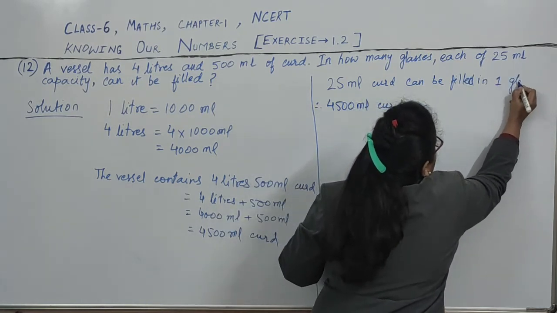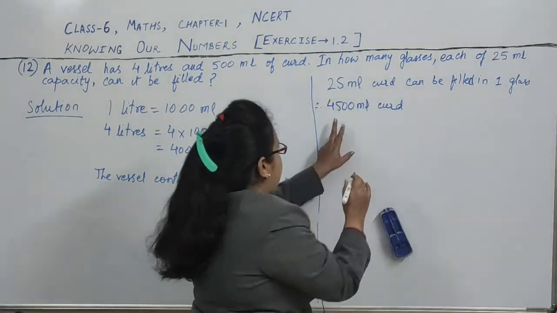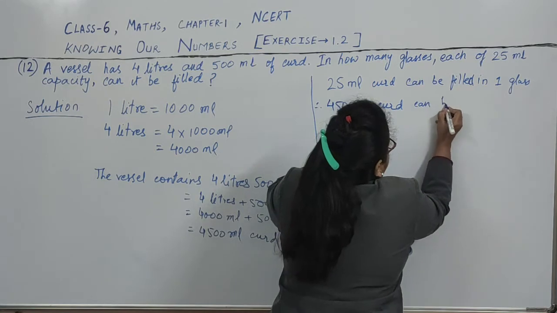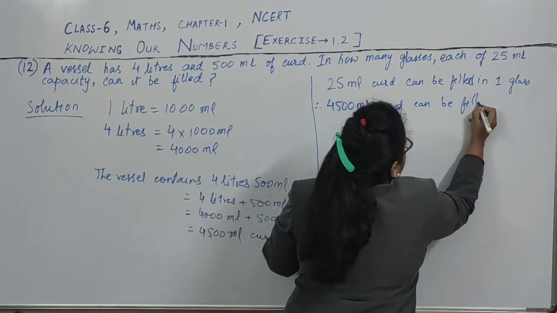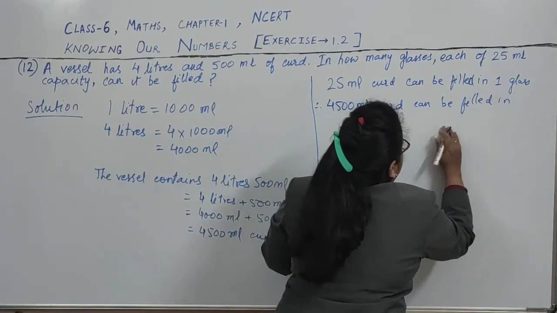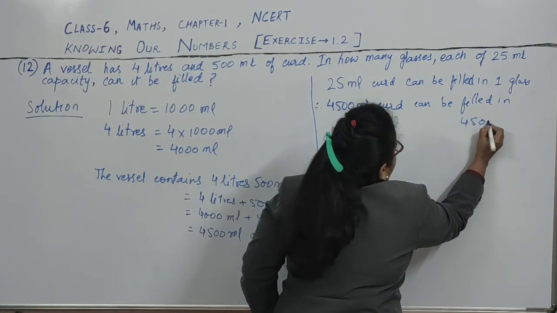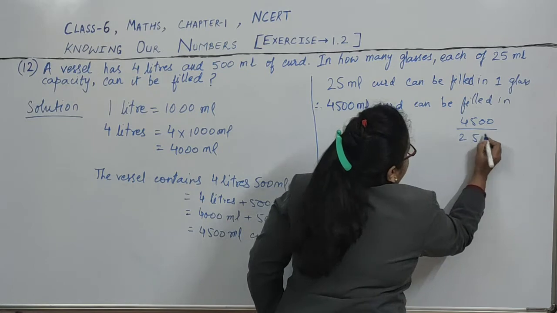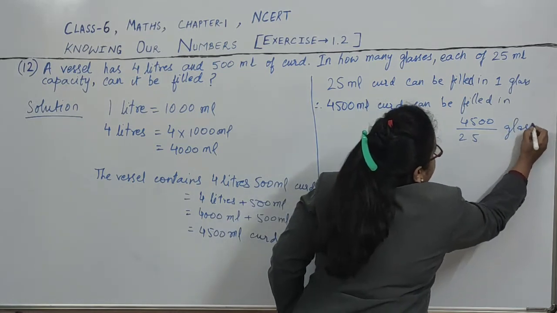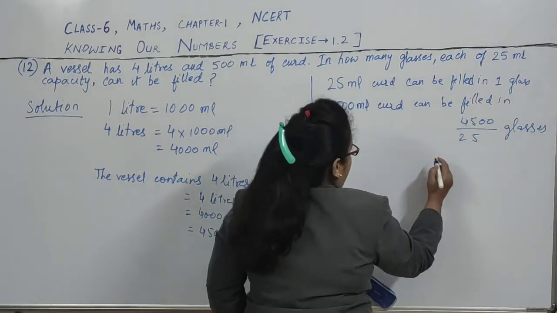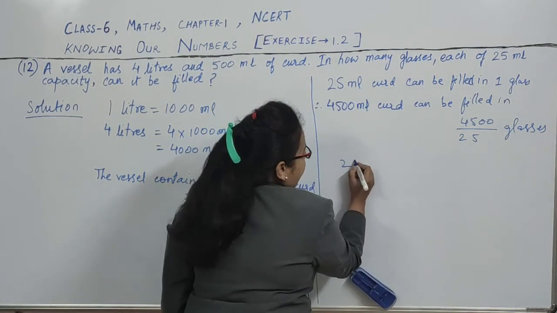In 4500 divided by 25 glasses, right? So we have to divide it and check how many glasses.